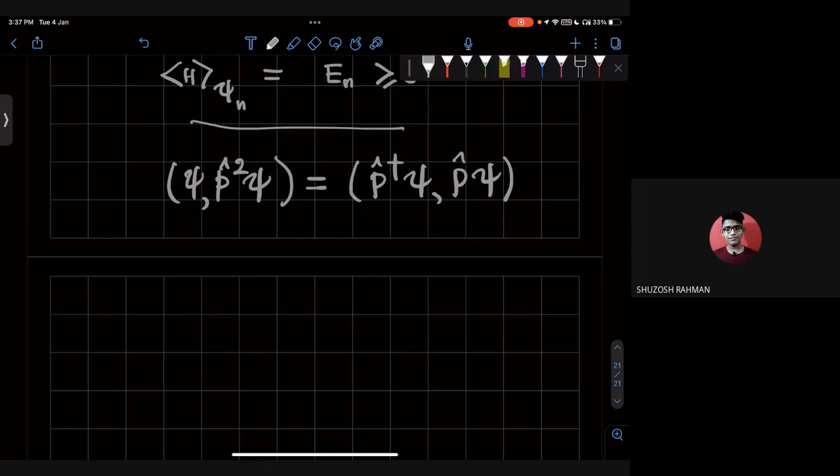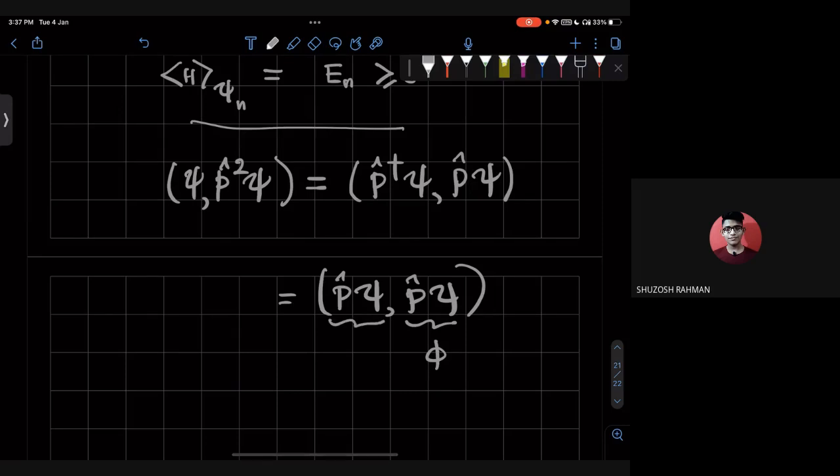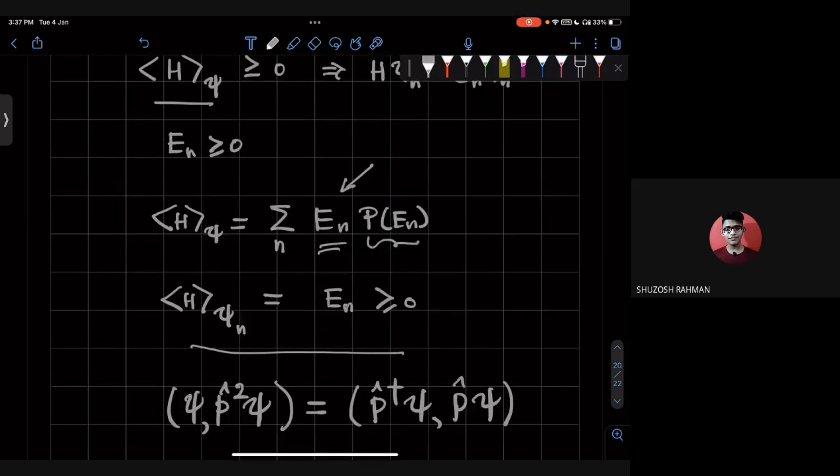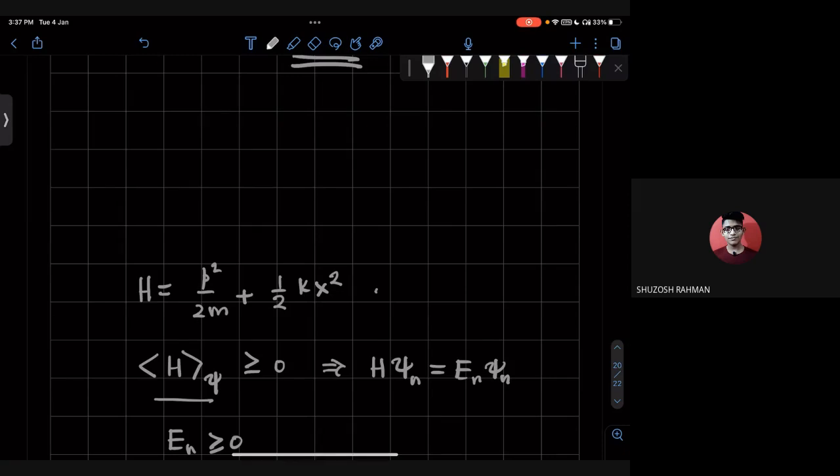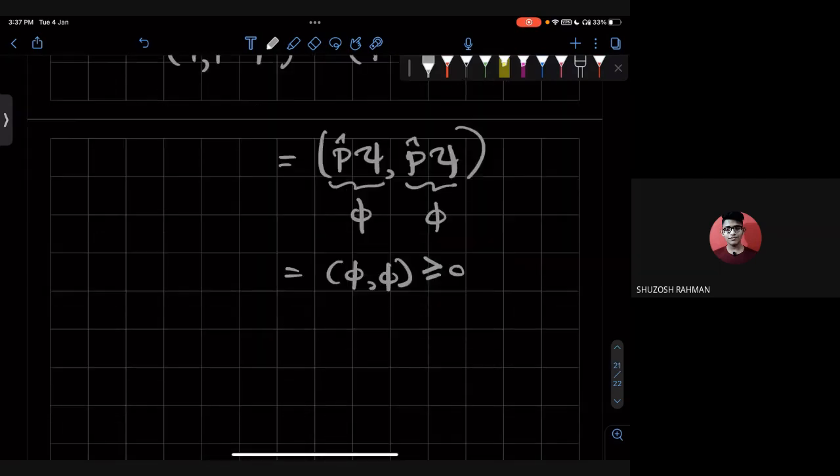But p is a Hermitian operator, so we can write this as p of psi, p of psi. But this is some state, say phi, and this is some state phi. Therefore, this is equal to phi comma phi. So the fact that the harmonic oscillator is quadratic, that the Hamiltonian is given by quadratic Hermitian operators, is the reason why it's a positive definite operator. Just to give you the intuition. All right?